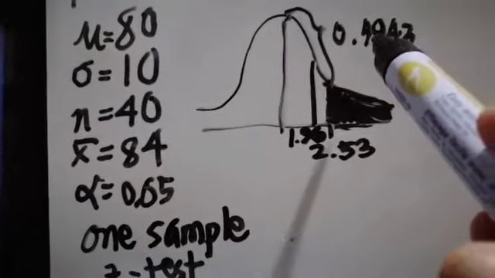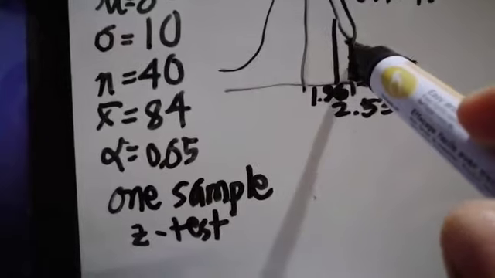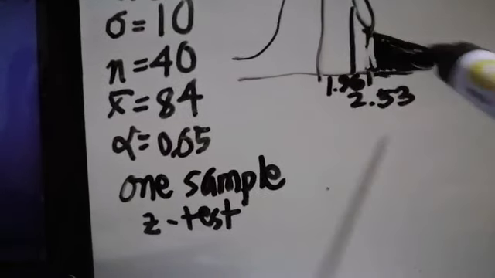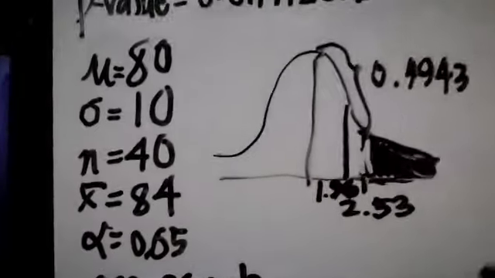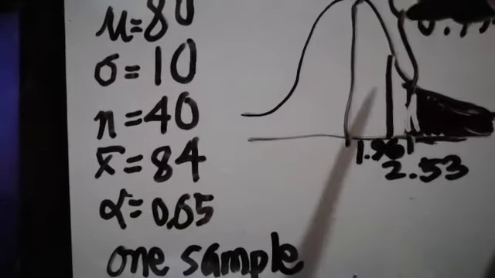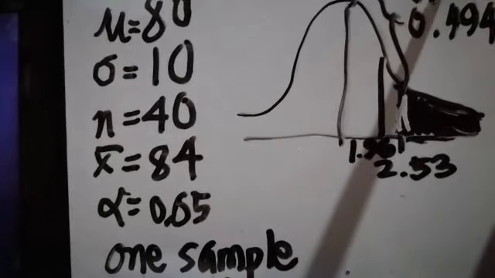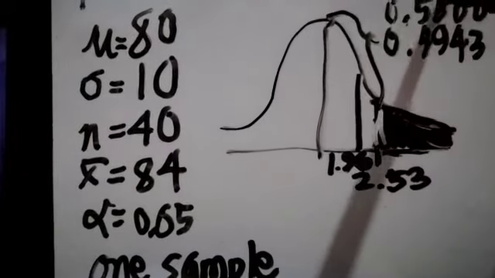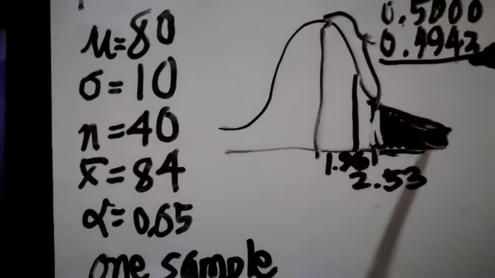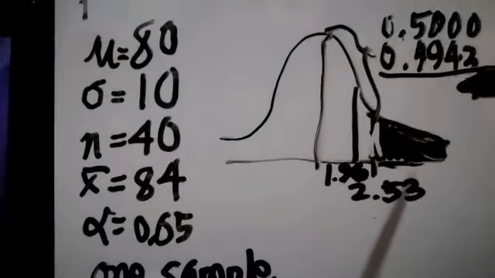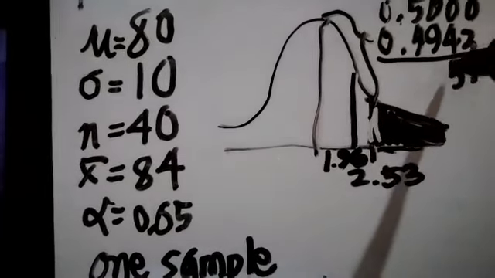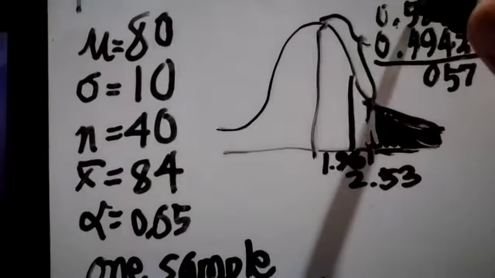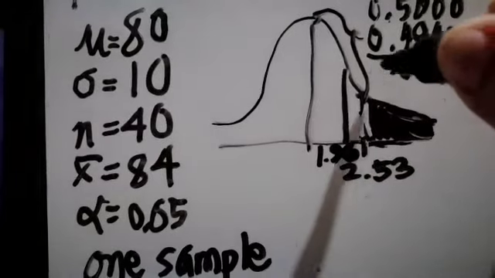But that is not the area that we need. We need the area from 2.53 to its right. So how do we get that one? We subtract this area from 0.5. So you will have 7, 9 minus 4, 5, 9 minus 9, 0, 4 minus 4, 0.